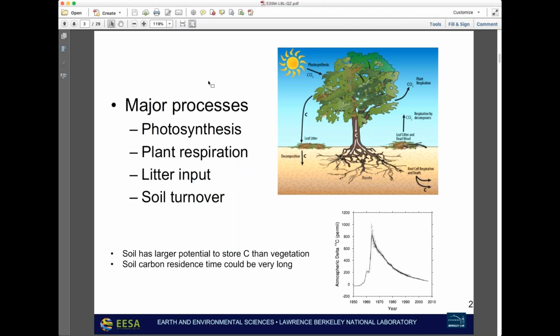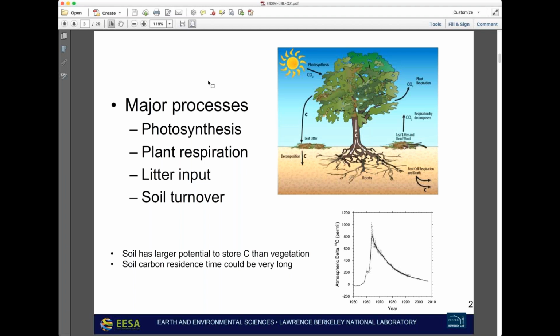And so the important thing is, when the carbon flows into the soil, how long can it stay in the soil. The soil carbon turnover is really one of the major things that the experimentalists and also the modelers care about. It matters also for the future carbon projection or climate mitigation, because we know that soil has a larger potential to store carbon than vegetation.